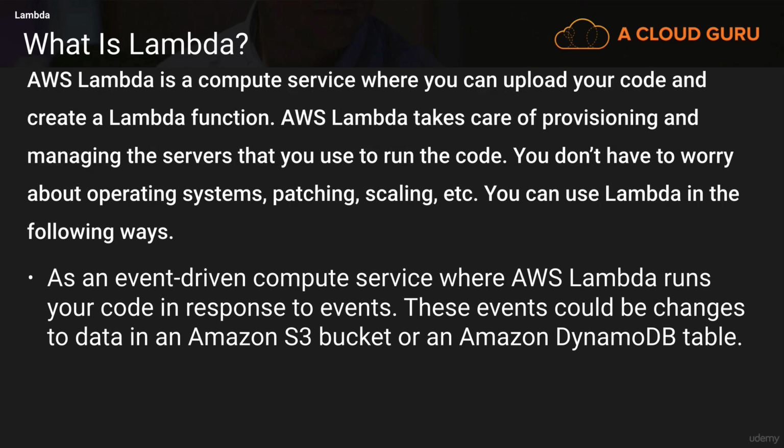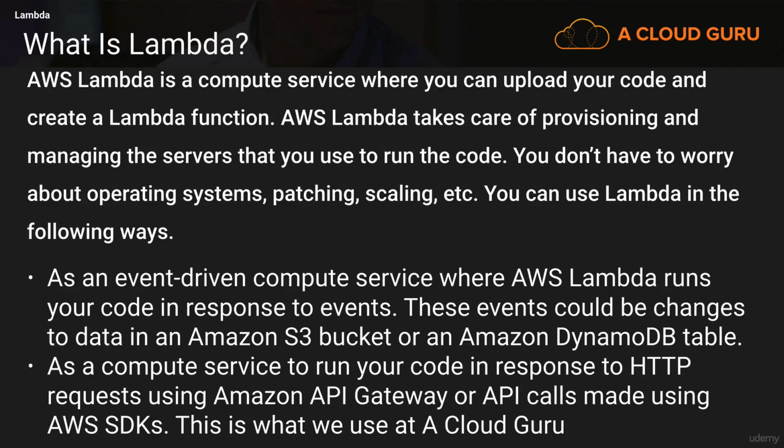It might do a whole series of different things. You can also use Lambda as a compute service to run your code in response to HTTP requests using the API Gateway, or API calls using the AWS SDKs, and that's exactly what we do at A Cloud Guru. So if you are watching this on the A Cloud Guru platform or on your mobile device or laptop, you are literally interacting with Lambda as we speak.